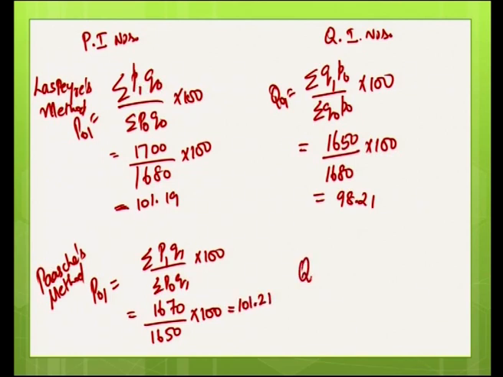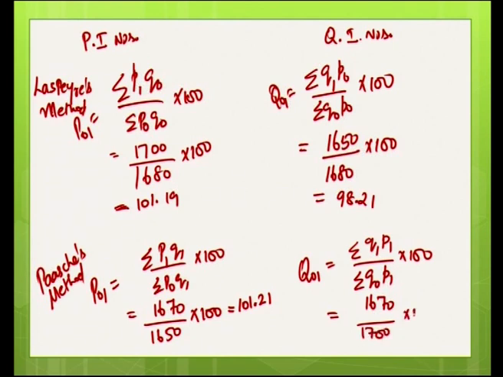101.21, and Q01 quantity index number by Paasche method is summation Q1 P1 by summation Q0 P1 into 100. Reverse the rule, 1670 by 1700 into 100, and the answer is 98.24.